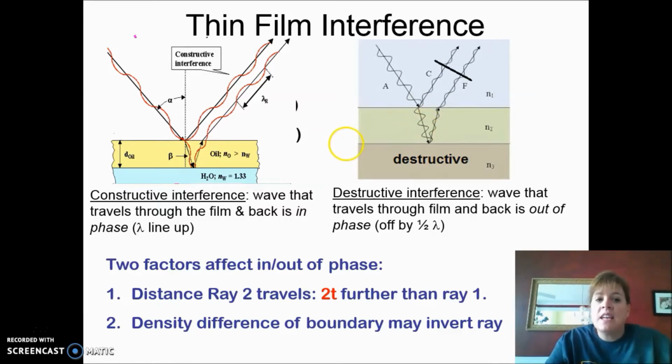The second thing that's going on is the density difference between each phase, refractive index 1, or my air, maybe, and here too. Those differences will also affect how the ray reflects. It could reflect in phase, so it stays the same, or it could flip and invert the ray.